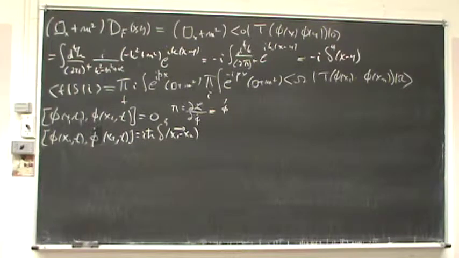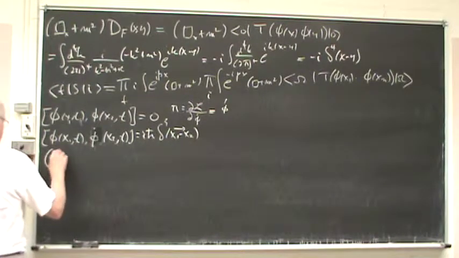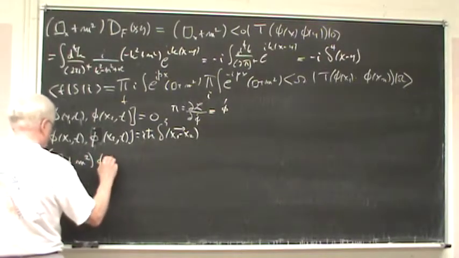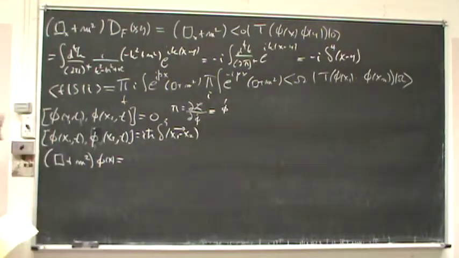Now, in a simple theory of a single scalar field, and that's what we're going to be thinking about today, the equation is box plus m squared phi of x equals, well, if the theory is free, 0.